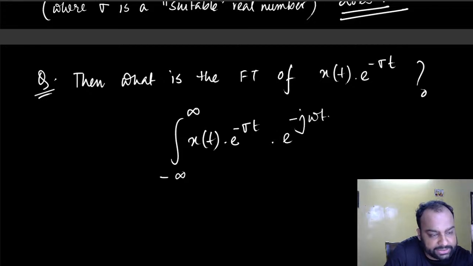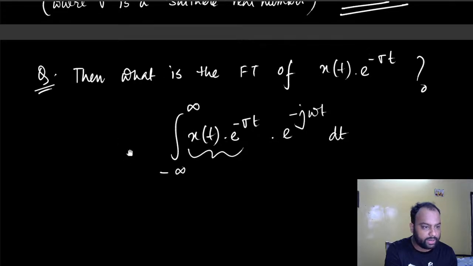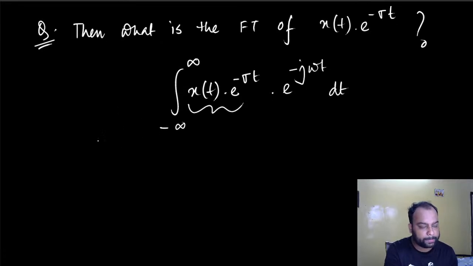Multiply this with e to the power minus j omega t and integrate from minus infinity to plus infinity with respect to t, right? We derived the Fourier transform in our previous semester. x(t) itself does not have a Fourier transform, but this signal has one. Get the point, right? Any query here? No, I don't think so.